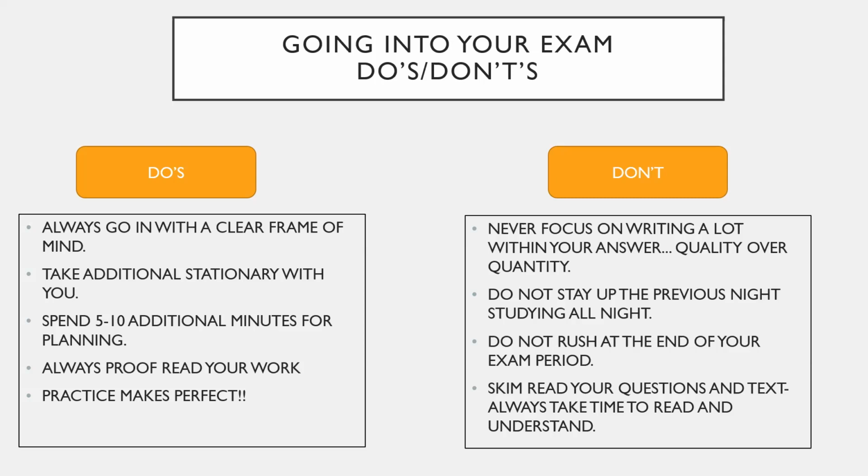Also, spend 5 to 10 minutes just for planning. This will help you answer the exam question a lot quicker as well. If you have a plan in place, it will really help you do that. And also always proofread your work, because obviously in the exam you're writing quite quickly.